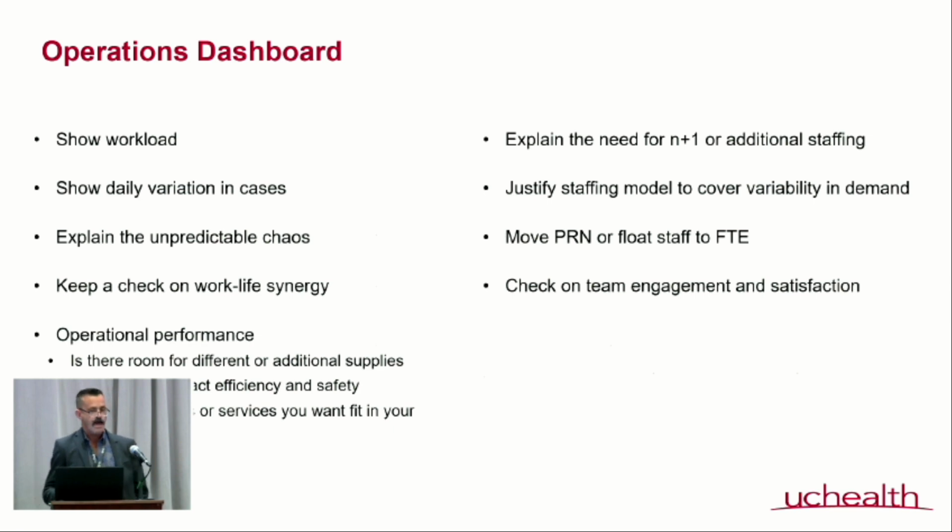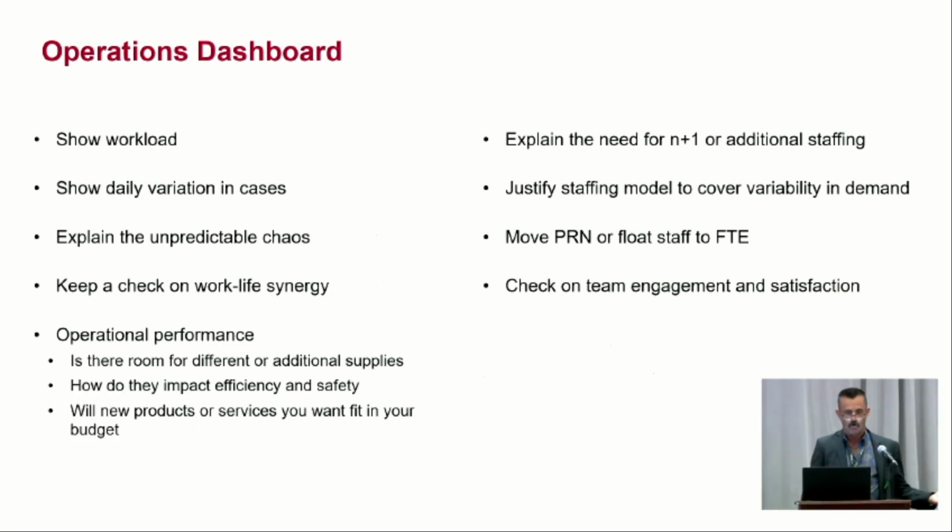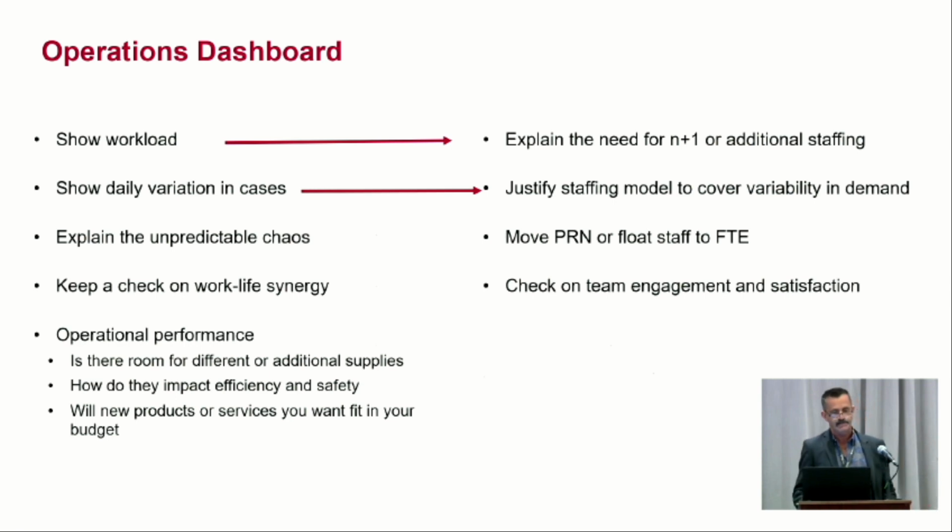You can also have operational dashboards, and operational dashboards might be used to help you manage your staff, right? They show workload, which might help explain the need for an N+1 staffing model. They can show variation in cases that can justify additional staff or on-demand staff. They can explain what I call the unpredictable chaos, all right?